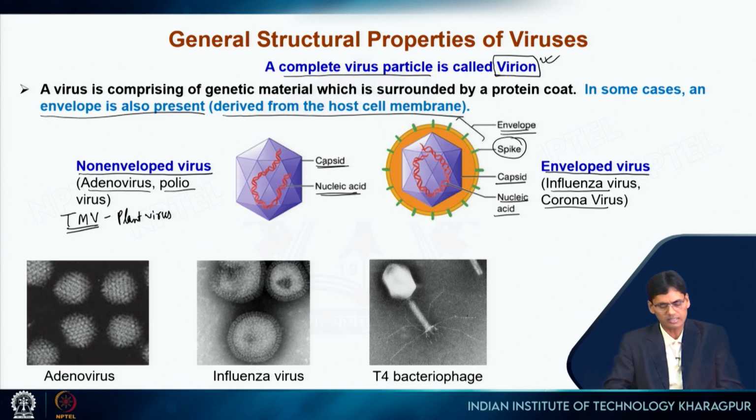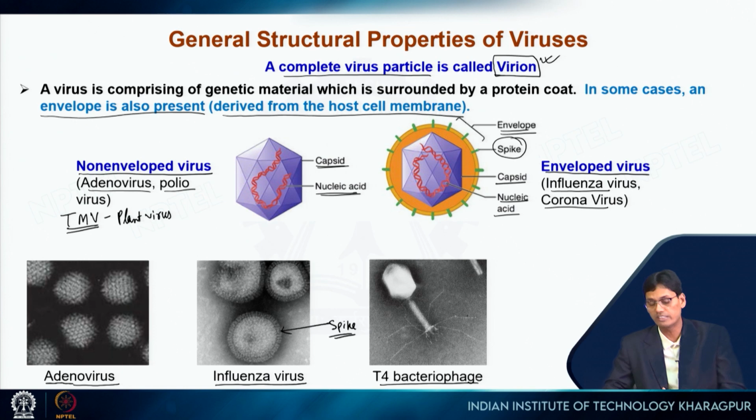Now here are some electron micrograph images. For example, this is adenovirus, and here influenza virus, which, as I already mentioned, has spike-like structures. So you can see here, this is spike. And now this is a bacteriophage, for example T4. As you can see, its structure is completely different.